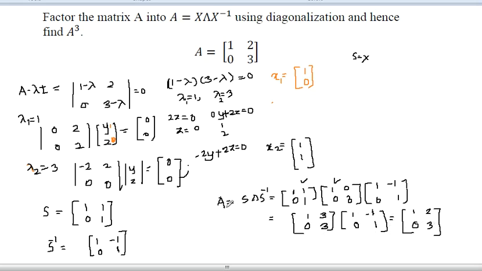So our A is nothing but S Λ S inverse, the diagonal matrix. So this has been proved.